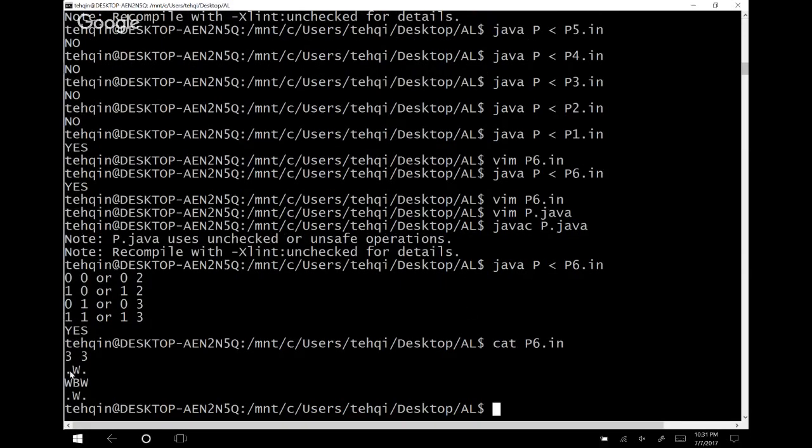Okay, so I have this vertical piece here, these horizontal pieces here. So I need either this to be true or this to be true, or I need this not to be true or this not to be true. Okay, that seems reasonable to me. So I need either this to be true or this not to be true, or this not to be true or this to be true. Okay.